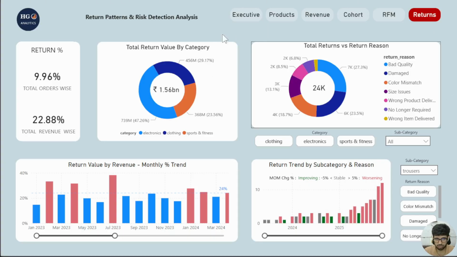You can see total returns. Most people will just have these two cards. That's it. But I have gone into such great depth, month over month, year on year, totals and changes, everything. So I hope you like this Power BI dashboard.